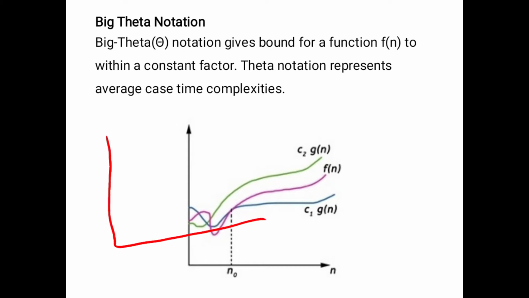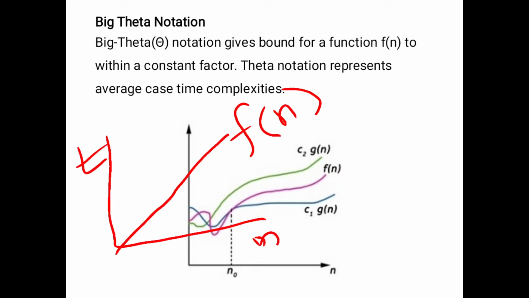So this is a diagram. The x-axis carries n, that means input n, and the y-axis carries time. Then we draw the function f of n. Okay, so this is the function. Upper bound, that means the region above f of n is called the upper bound. Then below f of n is called the lower bound.